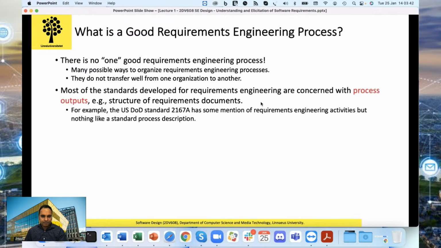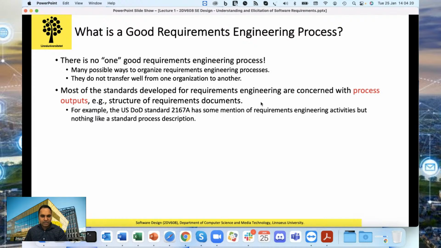And when we talk about the requirements engineering process, most requirements engineering processes are primarily concerned with the output. As I also mentioned earlier, they focus more on the requirements document rather than the process itself. So there is no well-defined requirements engineering process document or standard either, since it varies according to organizational needs.